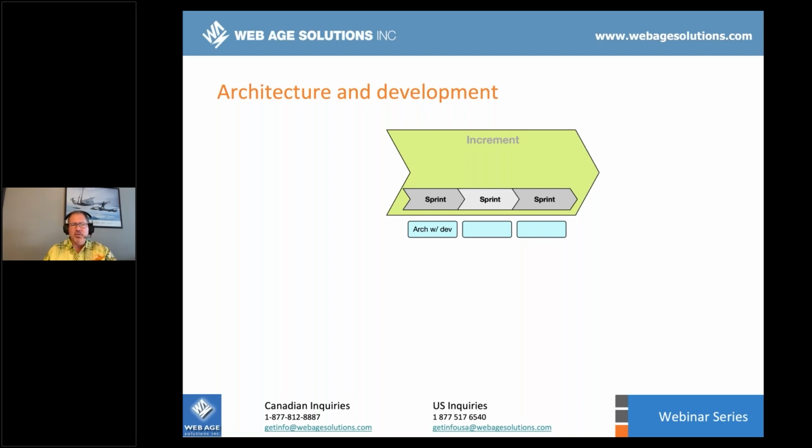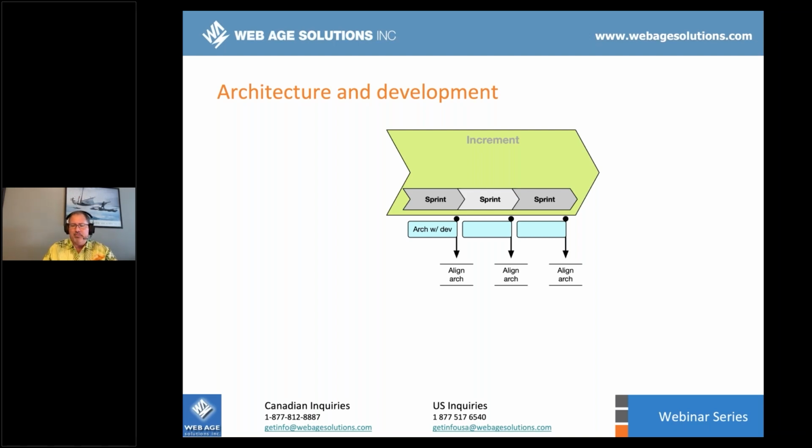The basic thing that we want to accomplish with this, though, is a couple of things. As we're working with development, we're helping guide them. We're helping them interpret the architecture. We're helping them understand what it means for them in that sprint. But we're also going to be aligning the architecture to what's discovered as we work. As we're actually developing the software, we're going to be discovering a whole bunch of things.